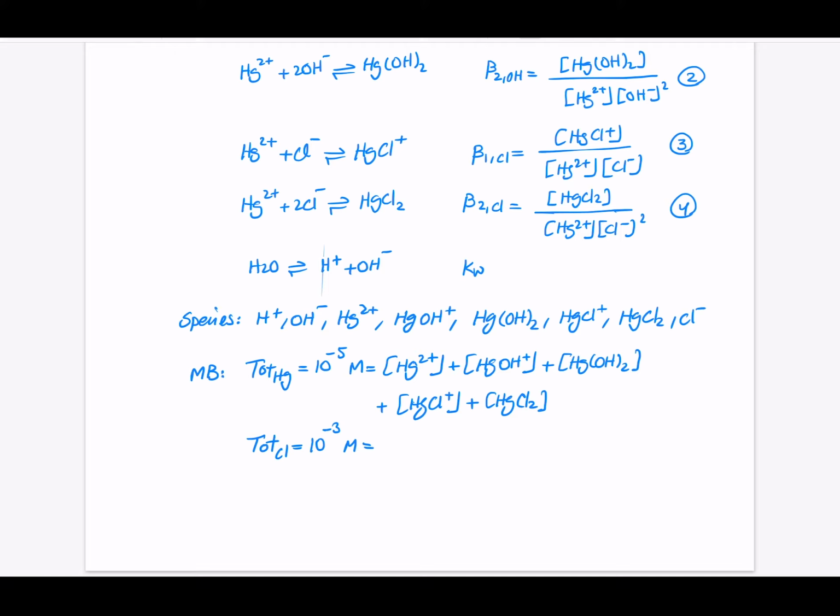So what is the mass balance here? Cl minus. What is missing here?